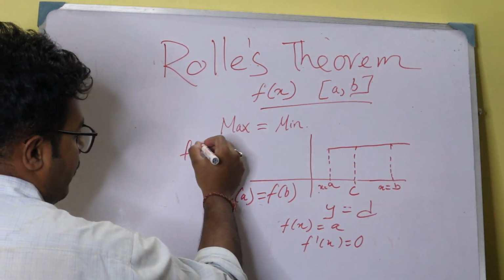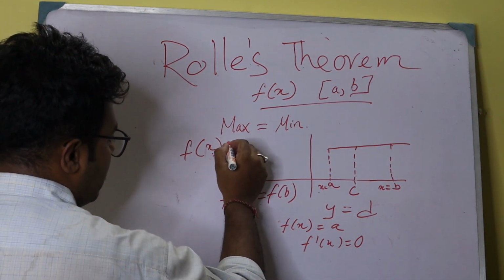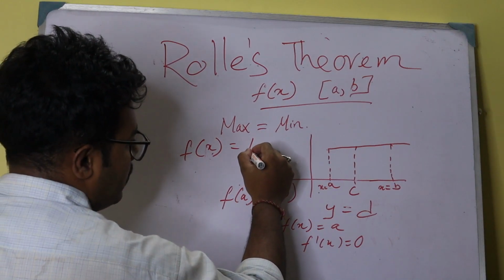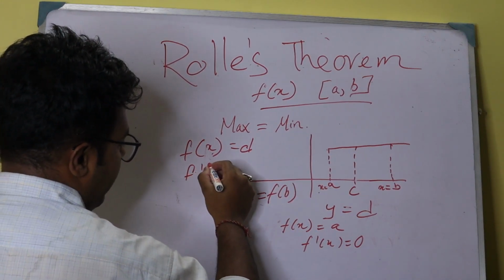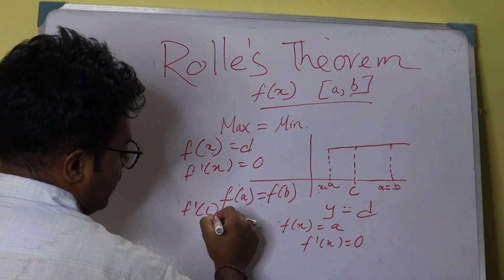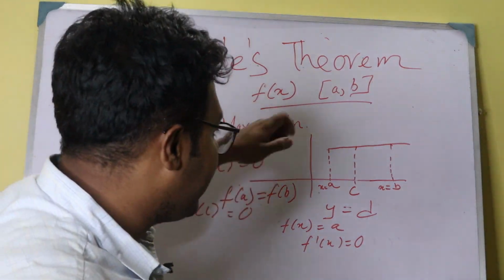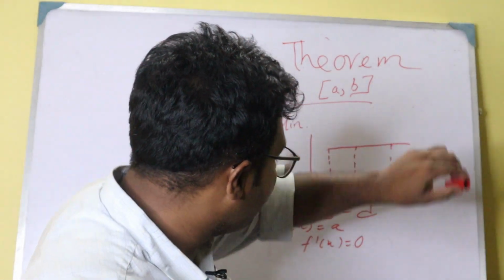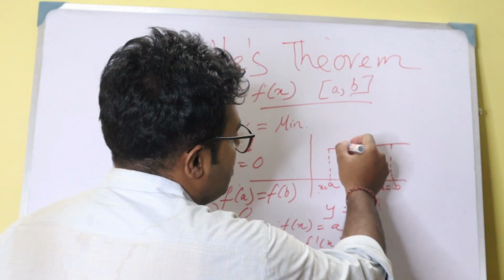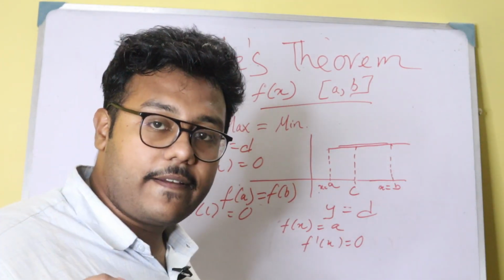Similarly, f of x is equal to d, f dash of x is equal to 0, f dash of c will also be equal to 0. Which means that the tangent here, if we try to draw a tangent to this line, it will also be like this, right? So the condition of Rolle's theorem is satisfied.